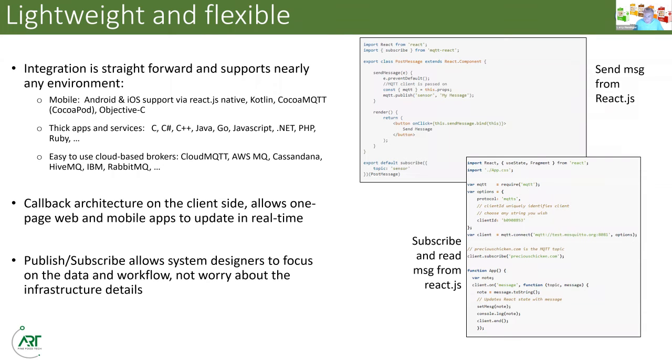The bottom example is also in React, of subscribing and reading a message and then updating your UI. Very simply, in the bottom example, you'll see a line that says client equals connect. That's establishing a connection to a topic on a given port, and you're getting an object back for that.